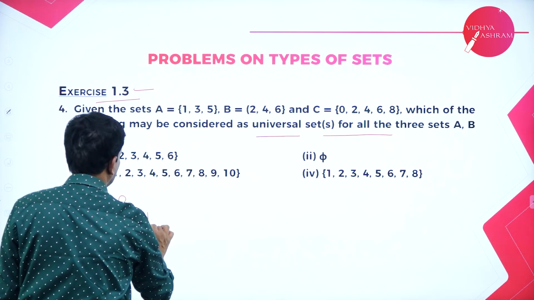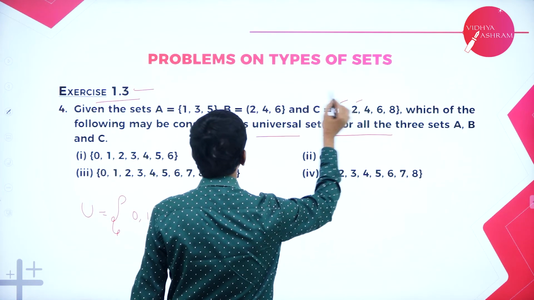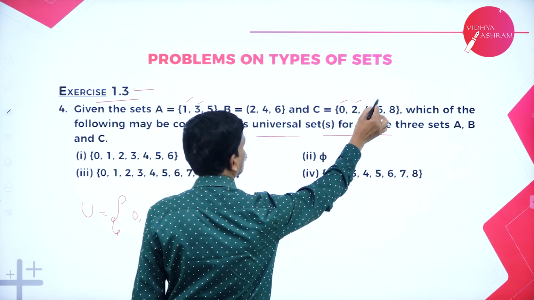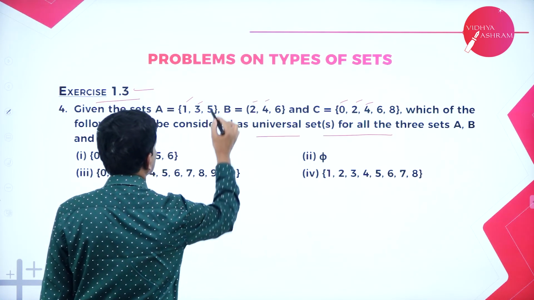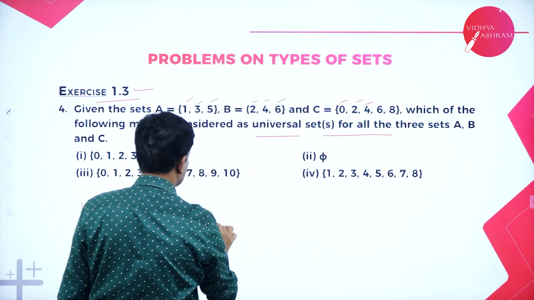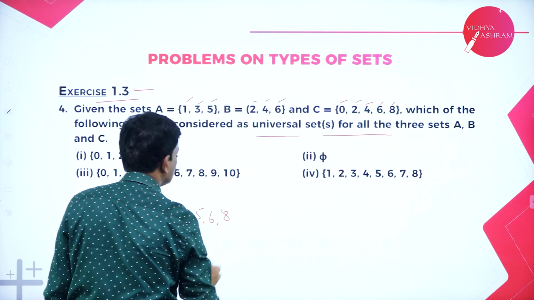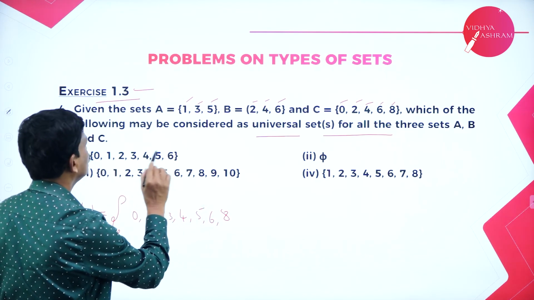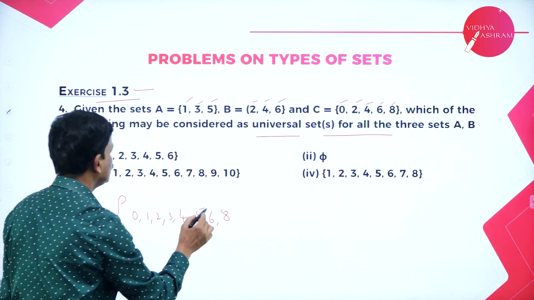0, 1, 2, 3. Then we have 4 also. Then 5. Then we have 6. Then 8. So these are the elements we have: 0, 1, 2, 3, 4, 5, 6 and 8.